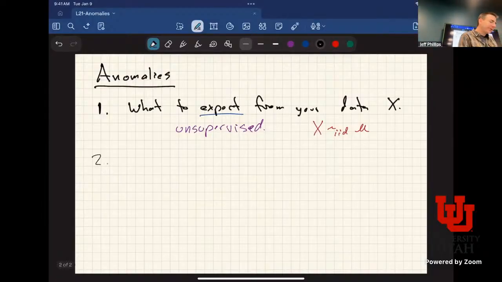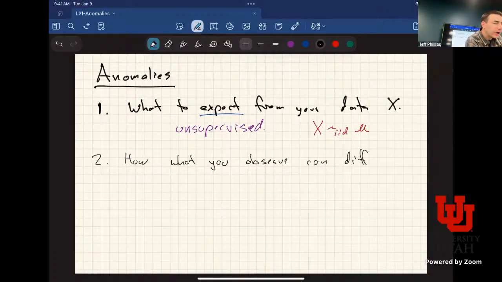So the second point is how what you observe is allowed to differ from the distribution of your data, or from what you expect.